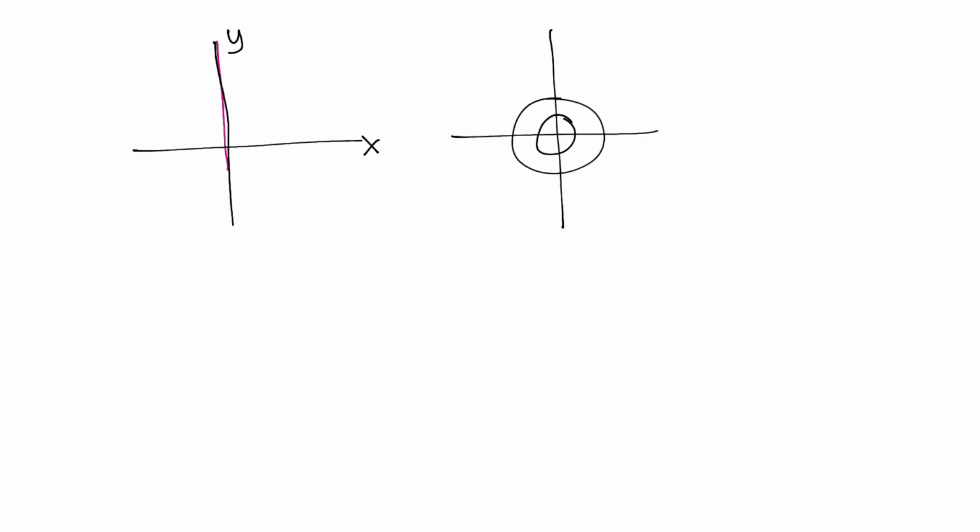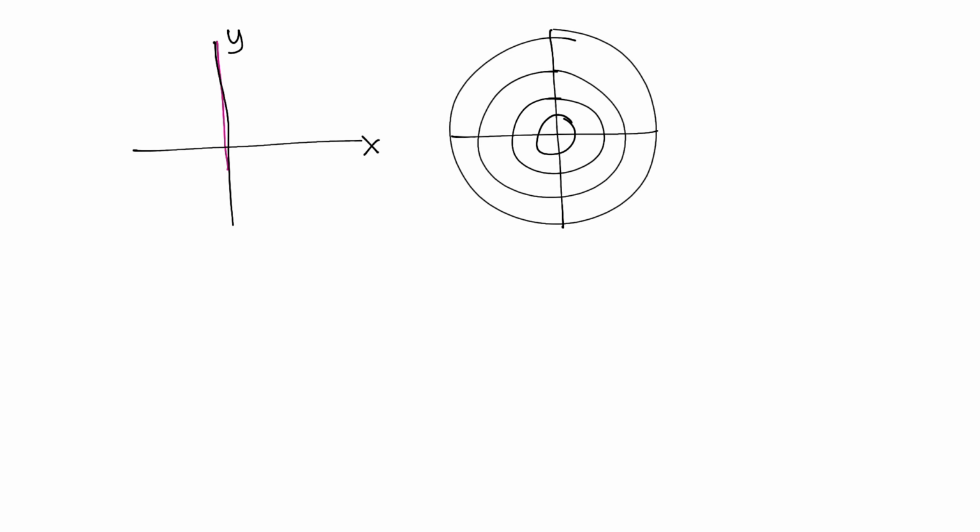So if I have a rectangular plane, looking in terms of x's and y's, versus a polar plane, what's the big difference? When I'm in the polar plane, what are the variables I'm focusing on? R and theta, right? And what is R?